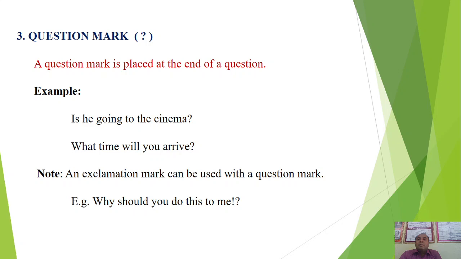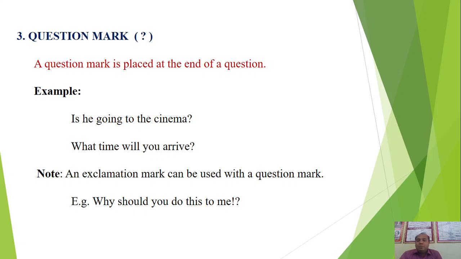The next punctuation mark that we are concentrating on is the question mark. A question mark is placed at the end of a question. Example: Is he going to the cinema? What time will you arrive?